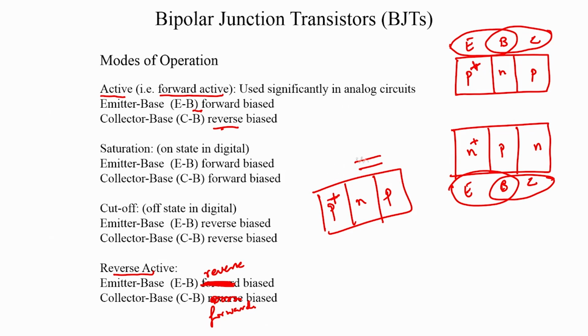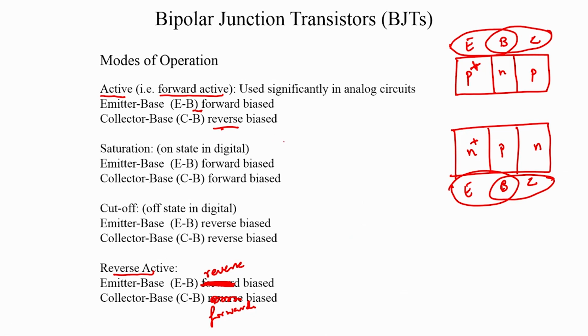That is why in the forward active region we are very careful to forward bias this diode, which is the excess doped P and the moderately doped N, and reverse bias the moderately doped P and the N. But in reverse active we do the opposite: we forward bias this diode and reverse bias that diode. So that is the only difference between active and inverse active.